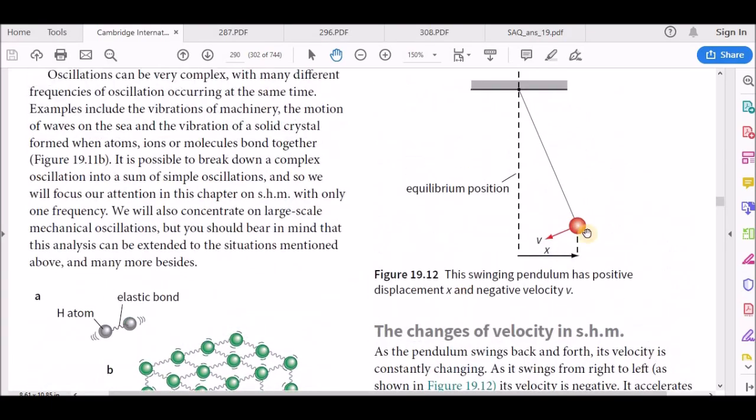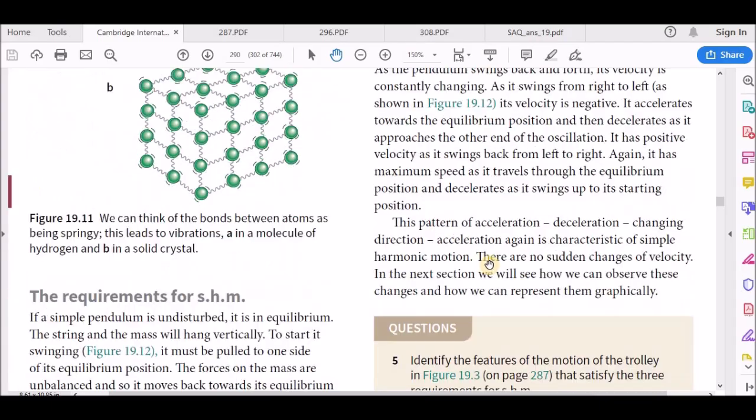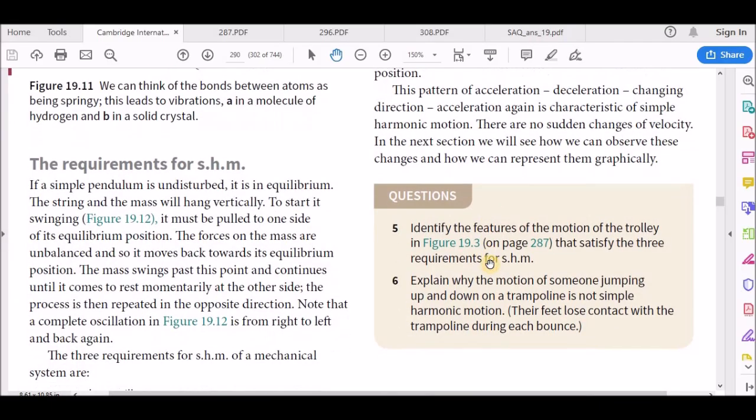Or we can also say, if this is swinging and then it's left to swing freely, due to friction, due to air resistance, and also due to friction where the pendulum is attached to the roof or whatever place, and also friction due to air resistance, we have damping. Because of damping the amplitude will decrease and become 0. That is when it will be at its vertical position. So that is the undisturbed or rest or equilibrium position.